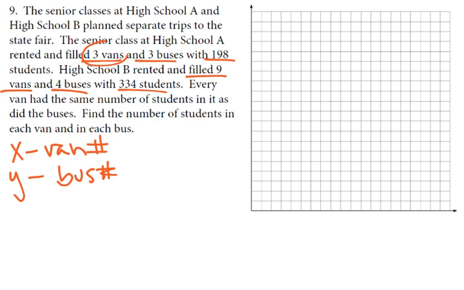So take the number of vans, times how many people we can have in a van, add to that the number of buses, times how many people we can have in a bus, and we know that has to equal 198.